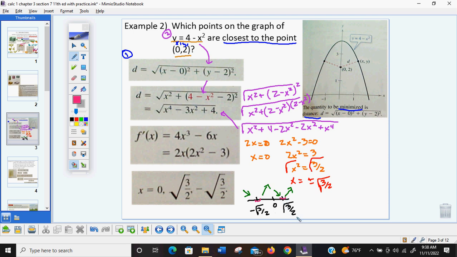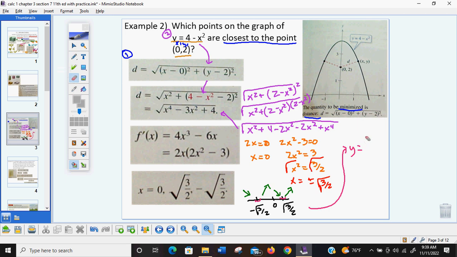And if we plug those back into the original equation, the reason we're using the original equation, this one up here, is because we need a point on the graph. So let's say I go over here and I do y equals 4 minus, sorry, it's hard to write way over there.